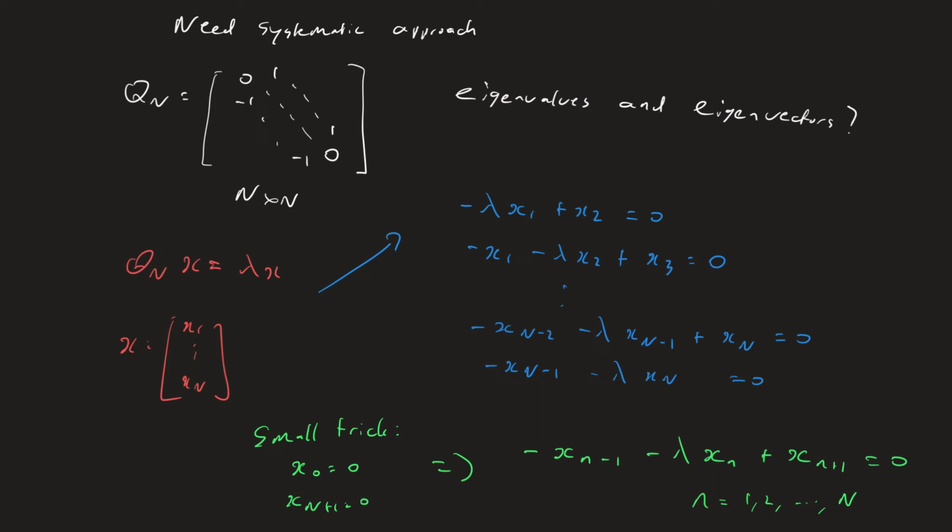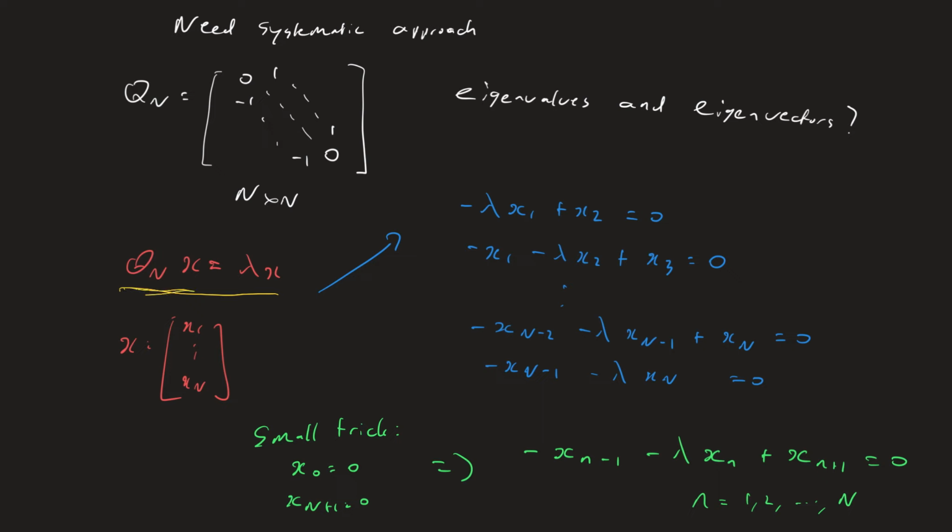The way we do this is by just writing out directly the equation for the eigenvector and noticing that it can be written as a recurrence relation, as we will go through now. By definition, an eigenvalue-eigenvector pair is a solution to this equation here, where lambda is an eigenvalue and x is the associated eigenvector.